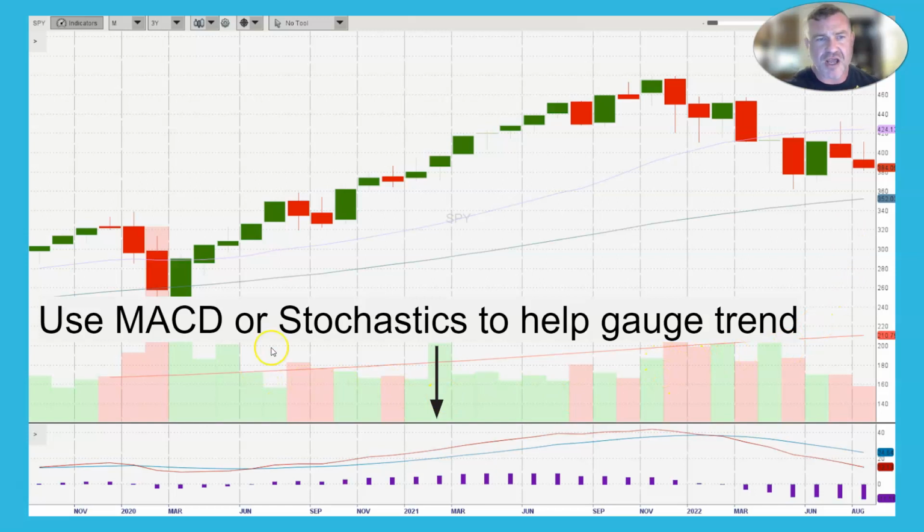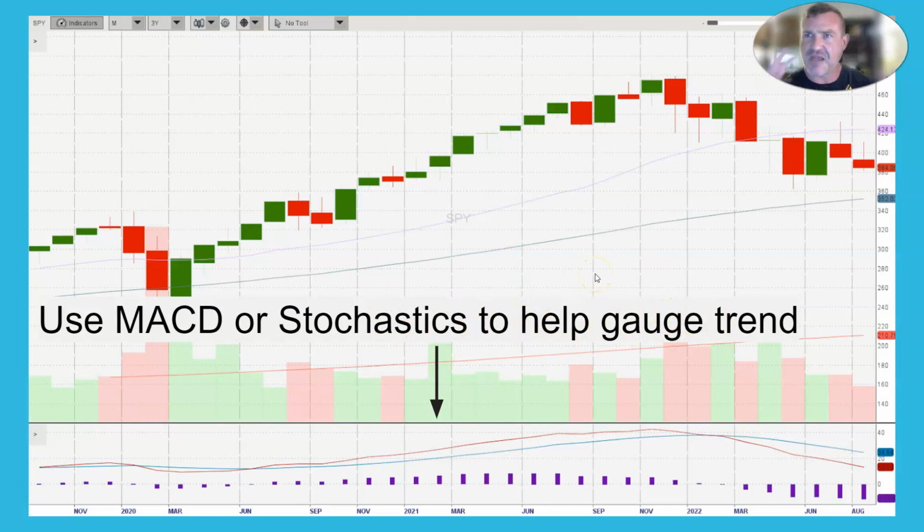Right, so now we're going to put on MACD or some sort of stochastics. There are a lot of different settings that you could use with the MACD and stochastics. With stochastics, there's slow stochastics, fast stochastics, full stochastics, and all these different things. Most of the time, depending on the way I'm using them, I'm generally setting it up on slow stochastic because I'm looking to have it help me gauge a trend, right?